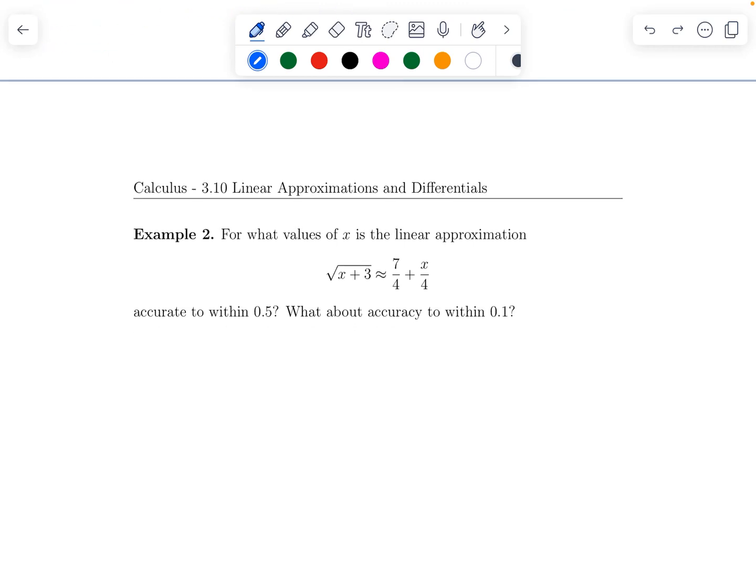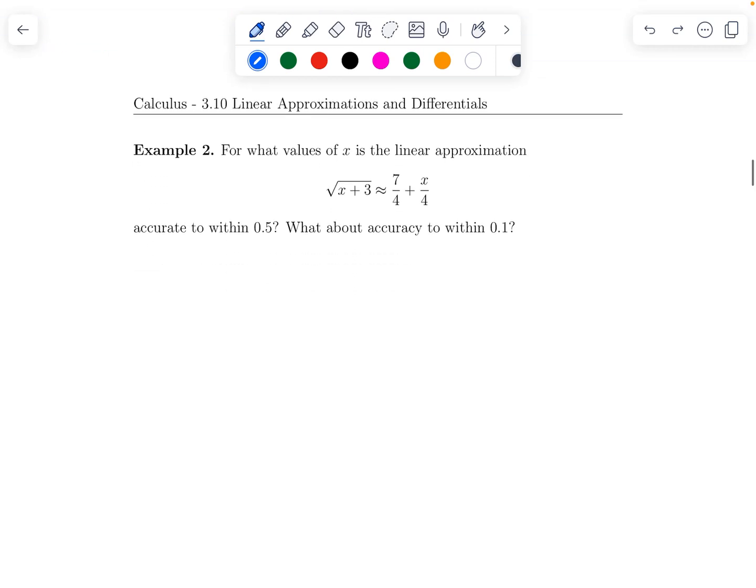All right. So for what x values is the linear approximation accurate within 0.5 or accurate within 0.1? So what we're looking for there is, I want to know when is the difference between root x plus 3 and 1/4 x plus 1.75.